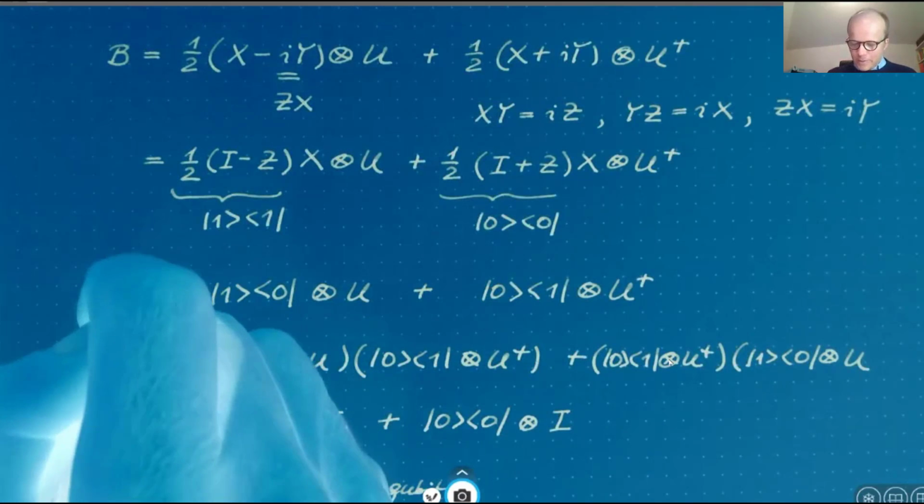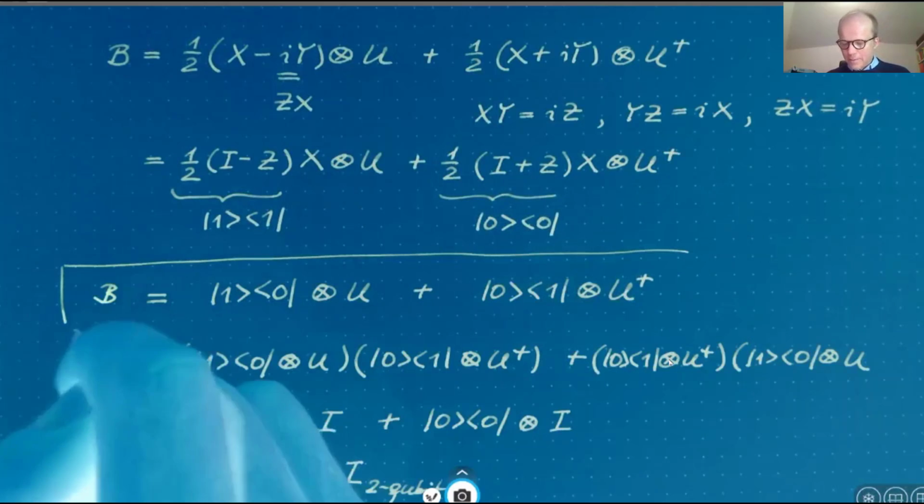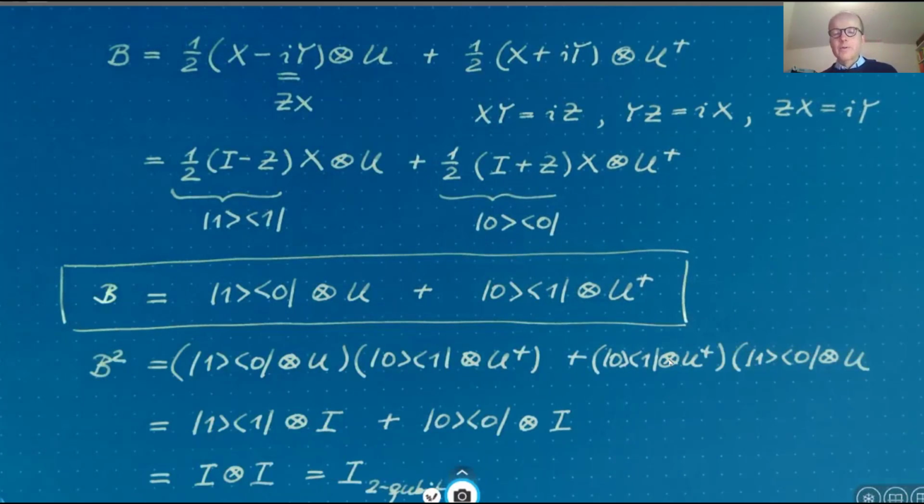Again, we will start from this representation of the 2-qubit observable B, because here you see it immediately.